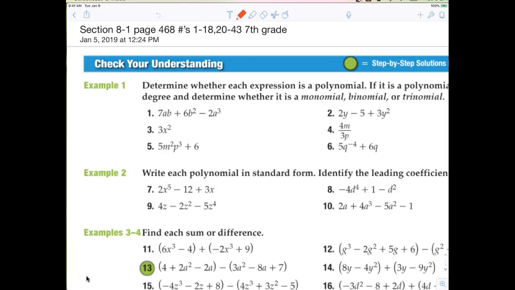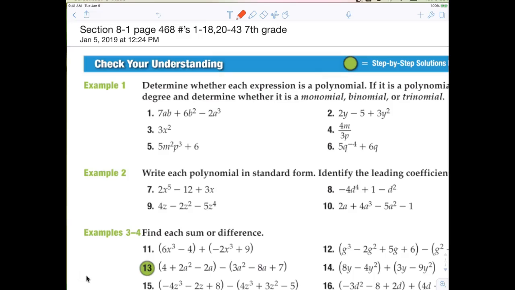After labeling it as a trinomial, we also talk about the degree. The degree is important later on, but we won't have too many questions on it because it's pretty simple. Looking at just the 7ab, the degree is 2 because it's the sum of the exponents: a to the first and b to the first.